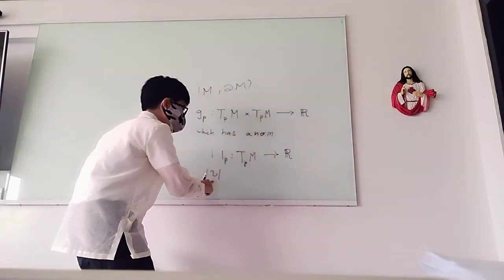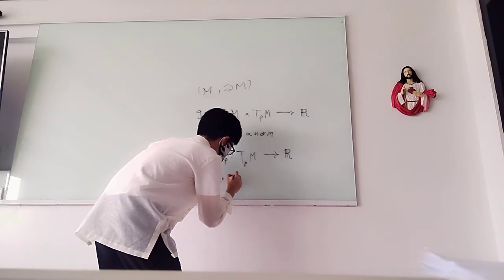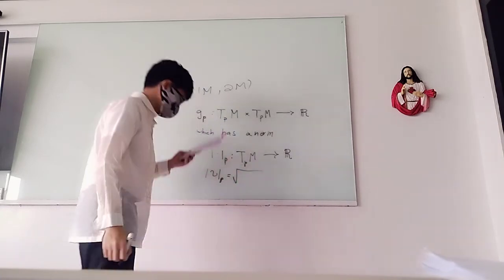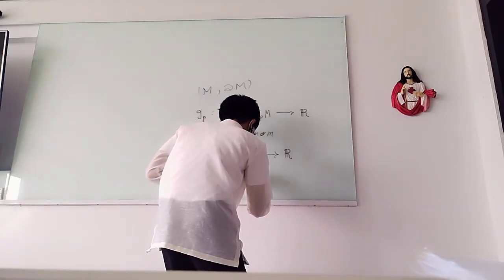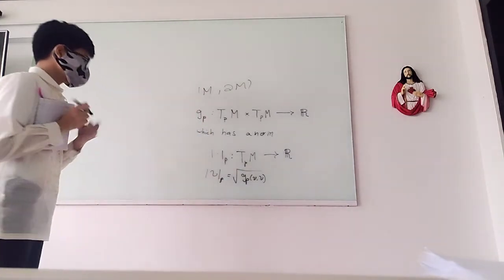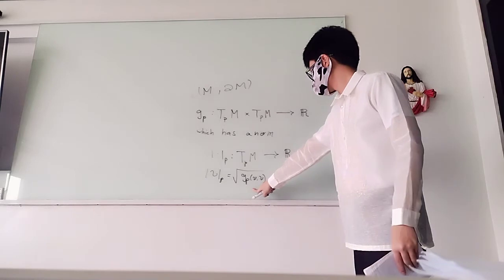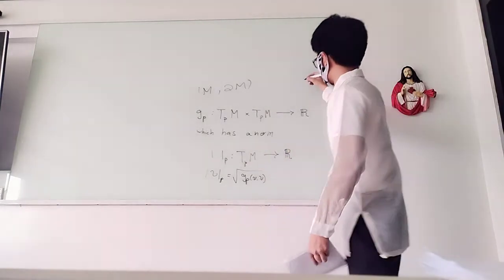And so it's defined by this. Given a vector V at the point P, its norm is equal to the square root of G, the point P, VV. So V with itself. And actually, an example of this function is just the norm of the vector, or the length of the vector.